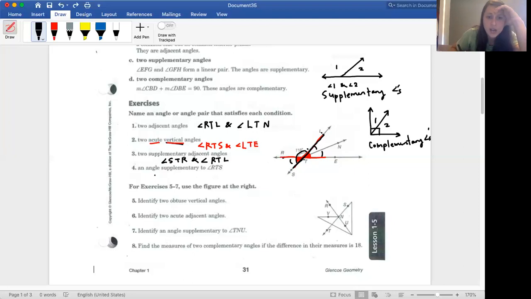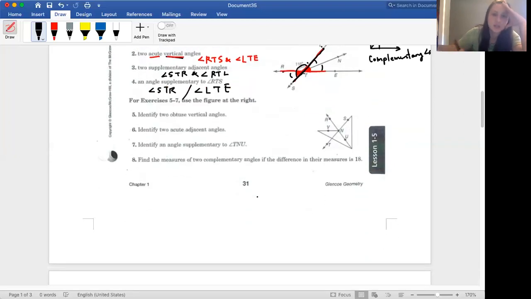And so an angle supplementary to RTS could be STR, like I wrote above, or it could be ETL or LTE. You could say it differently, right? So either one of those would be supplementary to RTS.